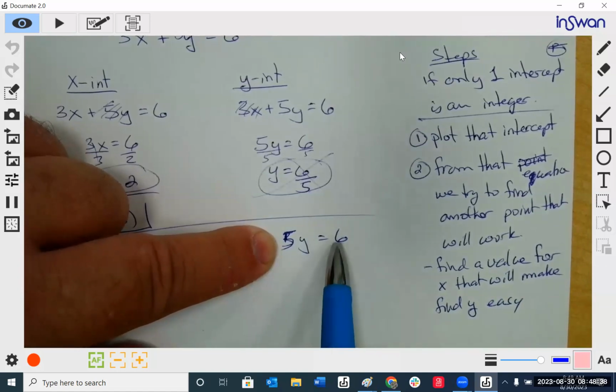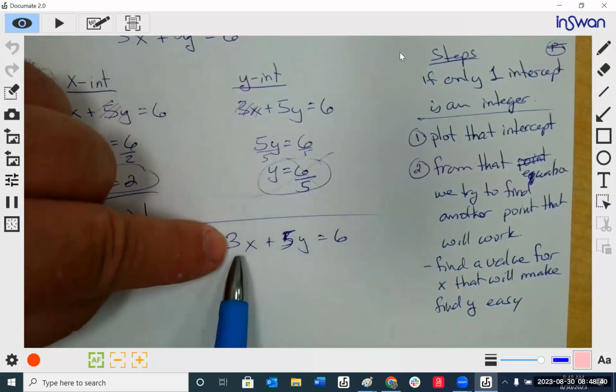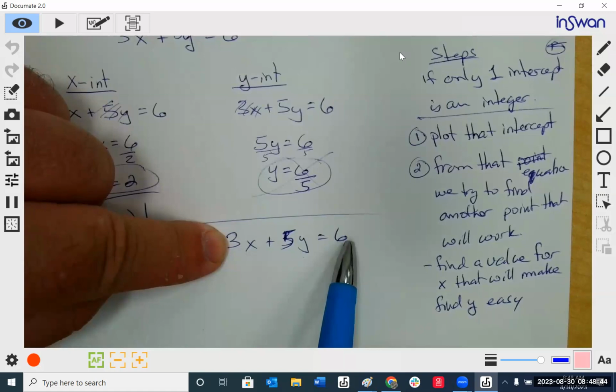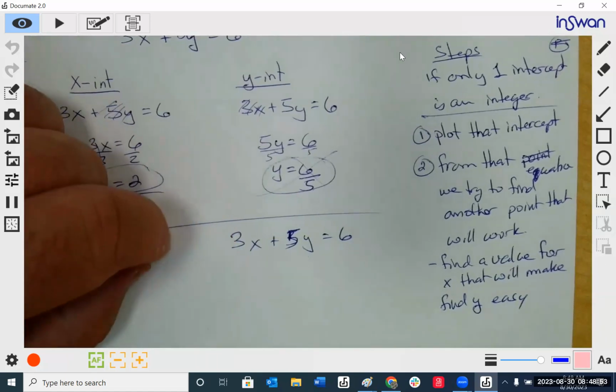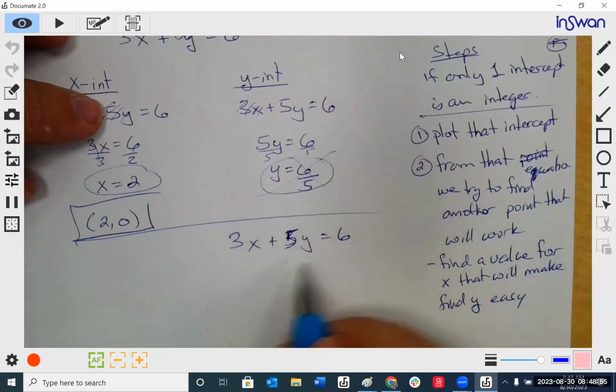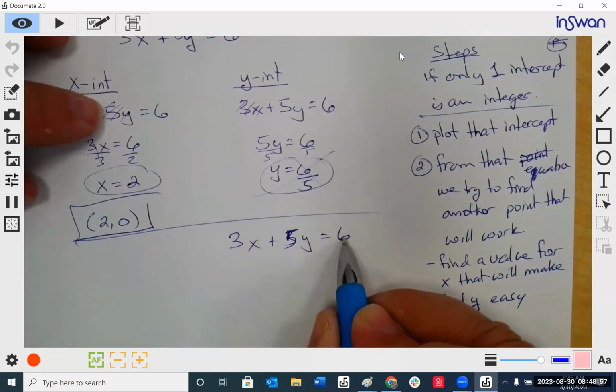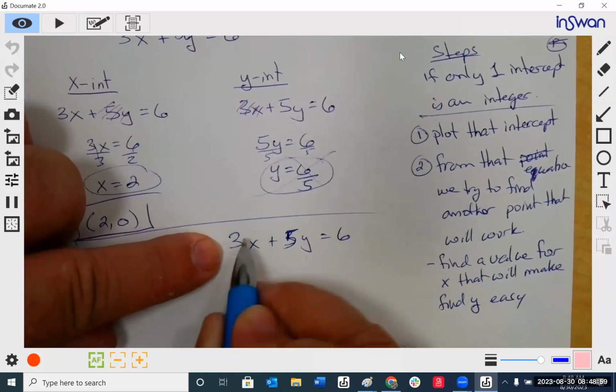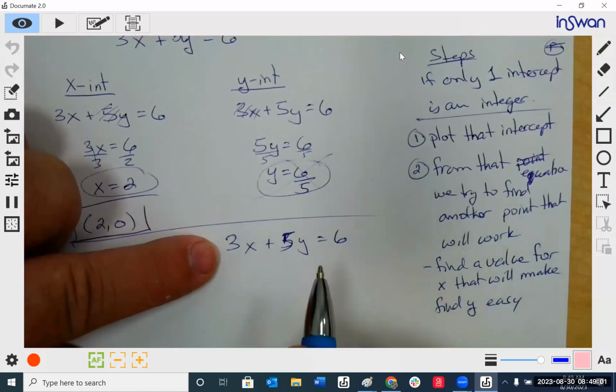So what we have to do is somehow get a number here that when we move it over to this side, it's going to give us an easily divisible answer. For example, if we have 6 here, and this is 24, 6 plus 24 is what?